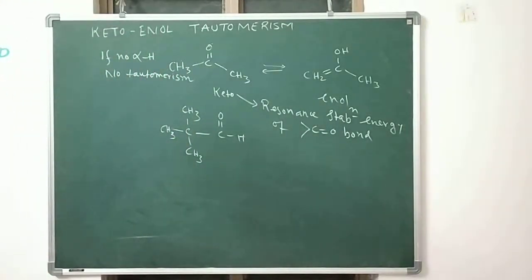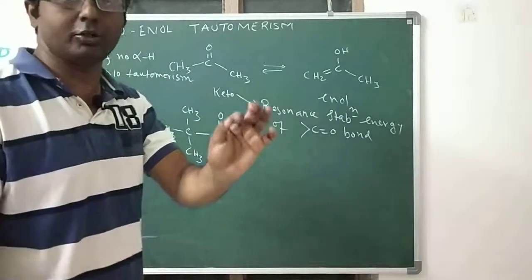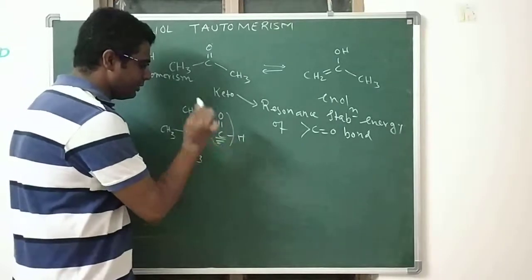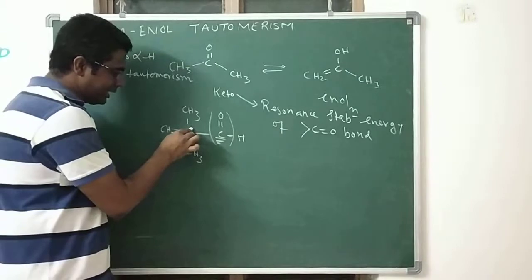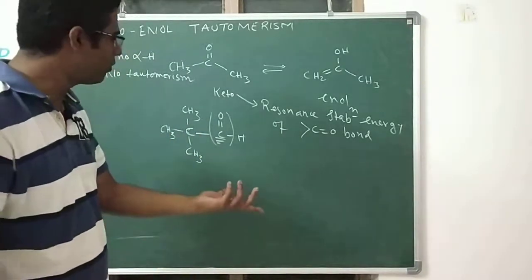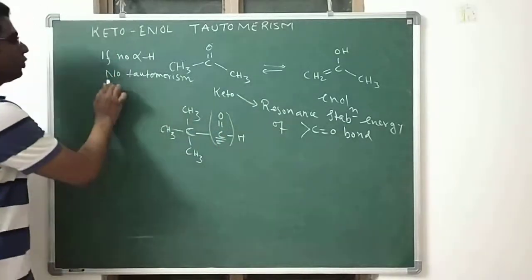First of all, in this kind of problem, you just see which is the functional group. Functional group क्या है? ये carbonyl bond आपका functional group है. So this carbon you have to see. Now this carbon is attached to this carbon, and does this carbon have any hydrogen attached to it? No. So no alpha hydrogen, hence no tautomerism.